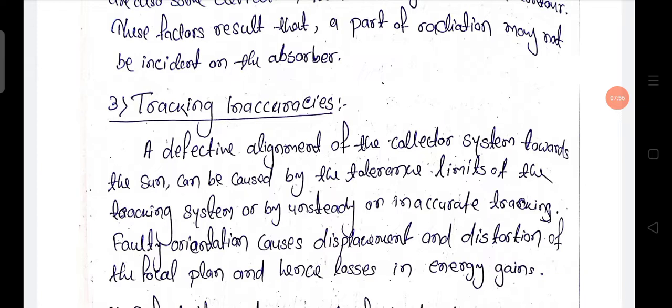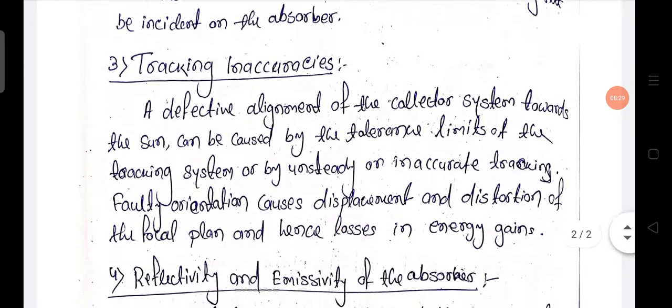But if the tracking process is not good, then the orientation of the collector is not along the sun axis, so some radiation is lost or doesn't fall on the collector.